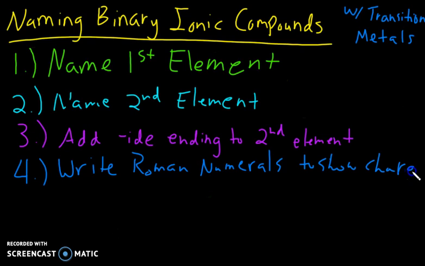So let's go ahead and take the compound FeO. So now we're going to follow all of our naming rules so that we can name this compound. So the first thing is to write the name of the first element, and Fe is iron.